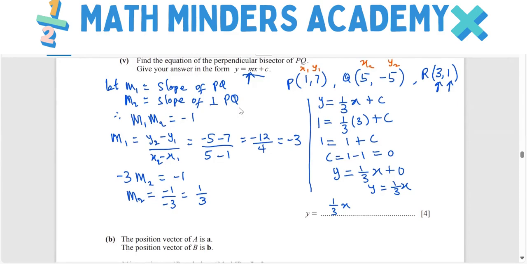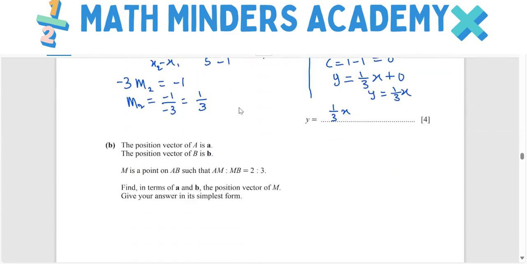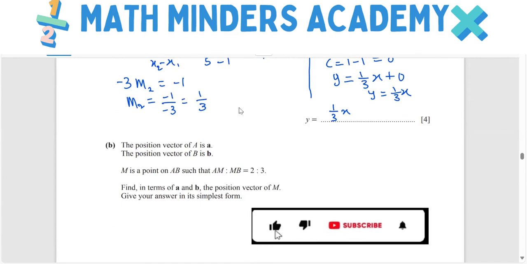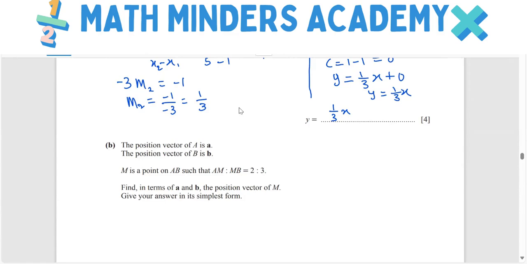So we go to 5b now. Here, for 5b, we are told that the position vector of A is small letter a, and the position vector of B is small letter b. M is a point on AB such that AM to MB is 2:3.